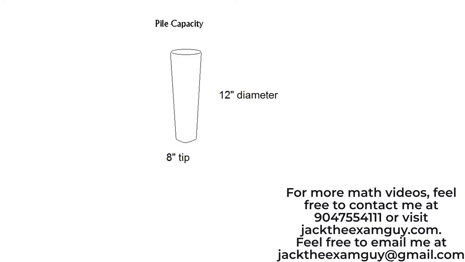So here we go. We have this 12-inch diameter piling with an 8-inch tip. It's 35 feet long, but we are only going to account for 29 feet of the piling, because the question told us that 6 feet of it was unstable soil, and we could not count on that doing anything for us.